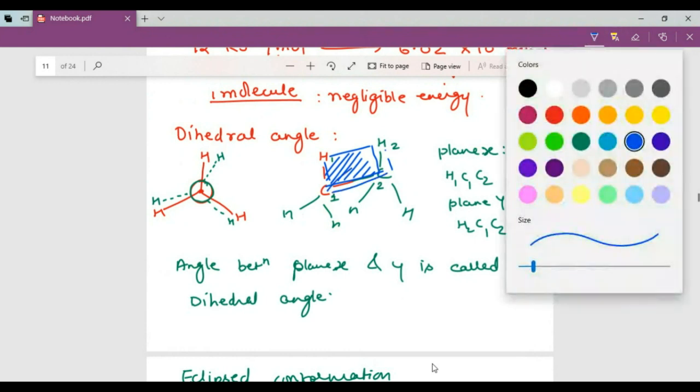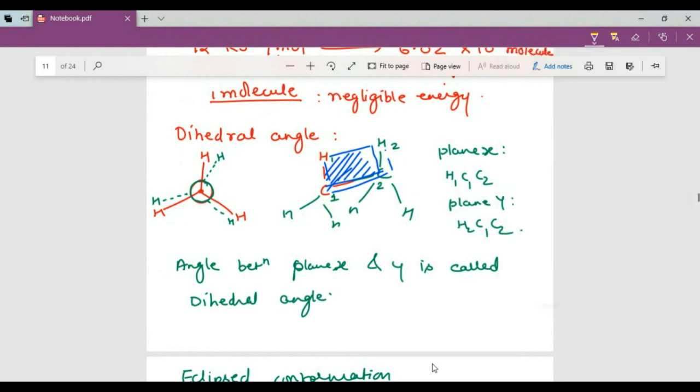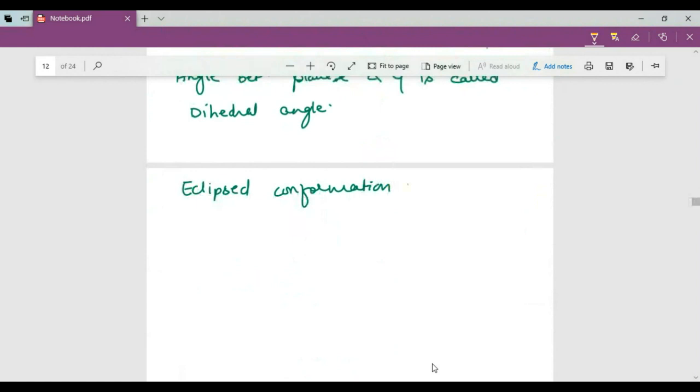Y is overlapping. I would need to use some other specific color to differentiate. They are overlapping planes. So in eclipsed conformation, the dihedral angle is 0.